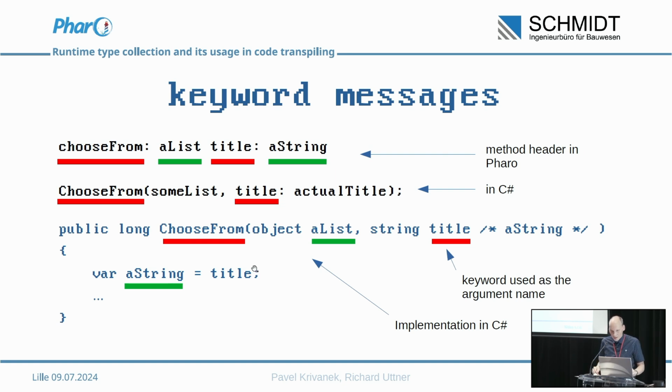To be able to do that, when we convert the method from Pharo to C#, we need to actually use the keyword as an argument name, and that's mostly also because of the code completion. And to not modify the code of the method so much, we create a variable that assigns the value to the original name.